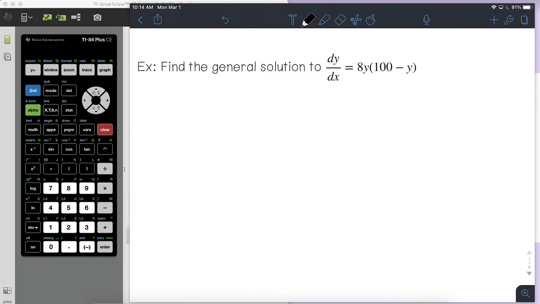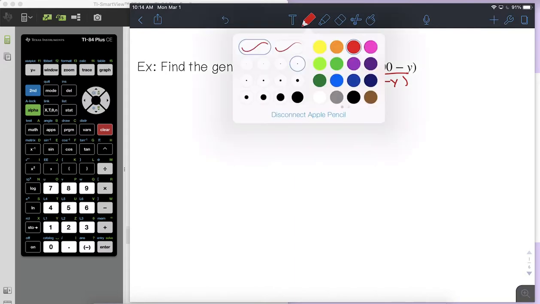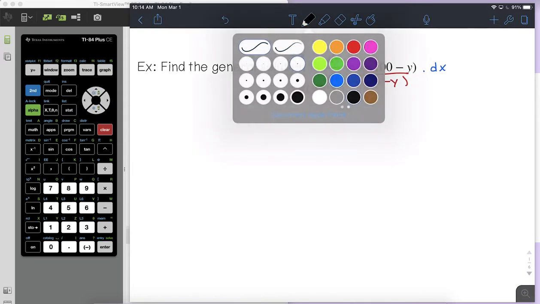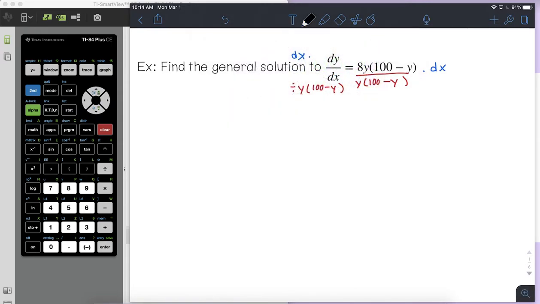I'm going to move my y's over by dividing both sides by y times 100 minus y, and I'm going to move my dx over at the same time by multiplying both sides by dx. So the equation I have now is dy over y times 100 minus y equals 8 dx.